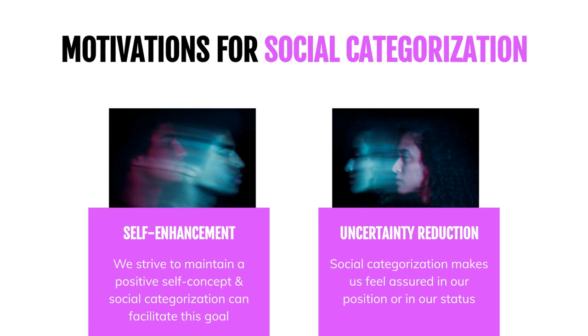A key assumption of social identity theory is that individuals are intrinsically motivated to achieve this positive distinctiveness, meaning that we are motivated to be different from others, and what makes us different makes us better, because people want to associate themselves with more positive traits, and we do this for reasons of self enhancement and uncertainty reduction. So we tend to strive to maintain a positive self concept, and social categorization can facilitate this goal.